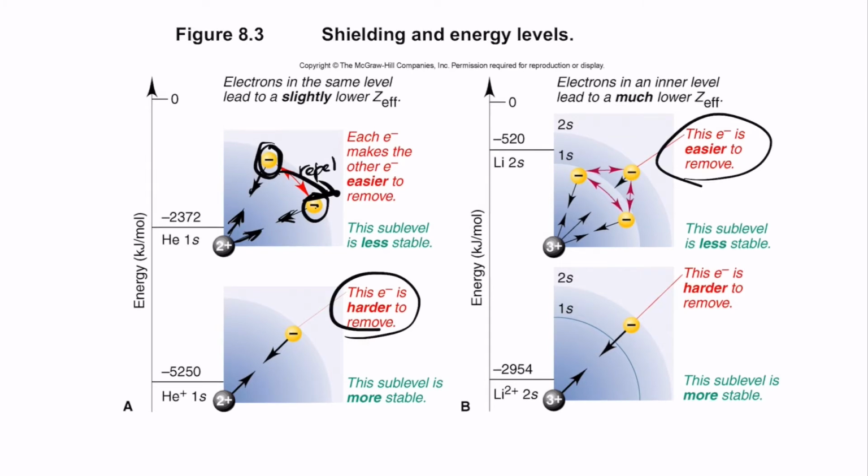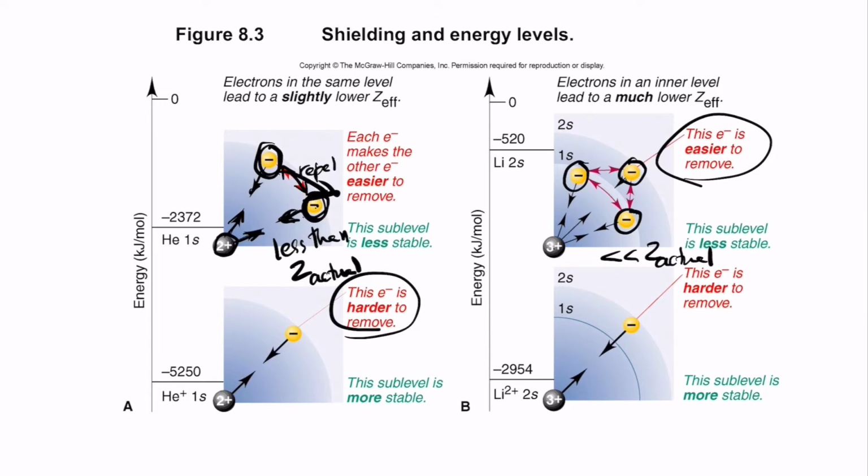So what is the concept of effective charge here? Notice that this electron has an attraction force here. There is a repulsion force as well, which means that there is a net force acting on this electron, which is going to be less than the actual nuclear charge. The same thing happens for this atom as well, because this atom has attraction with the nucleus, but it also has repulsion from these two electrons, which means here it is much less than the actual nuclear charge.